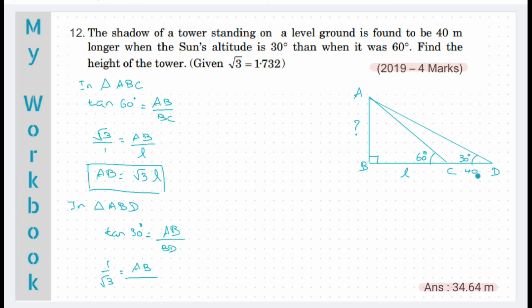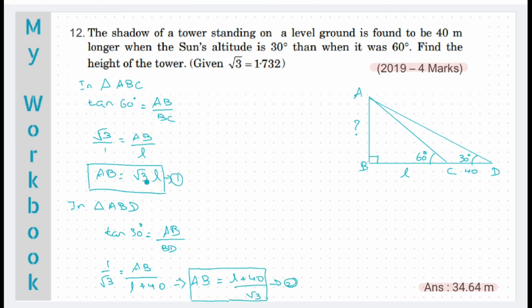BD, the length of the shadow when the angle of elevation is 30 degrees, is 40 meter longer, so L plus 40. Which implies AB is equal to L plus 40 divided by root 3.